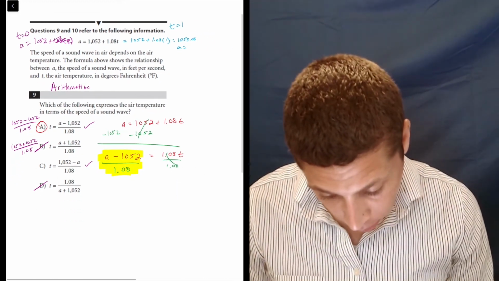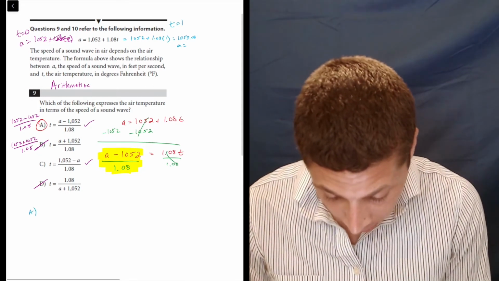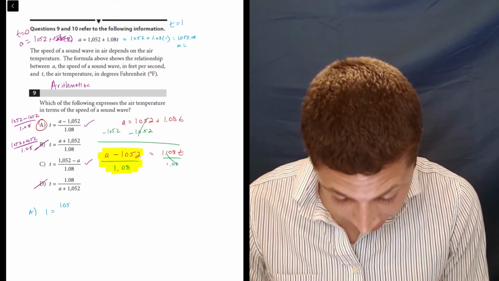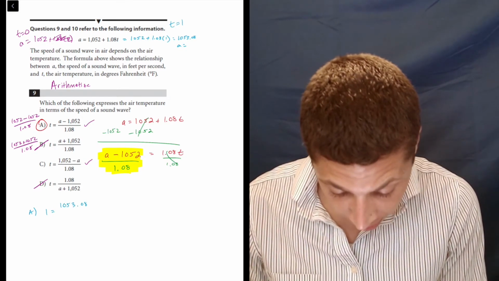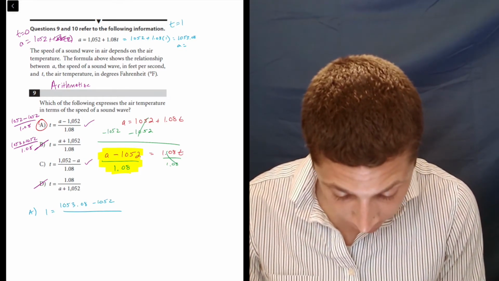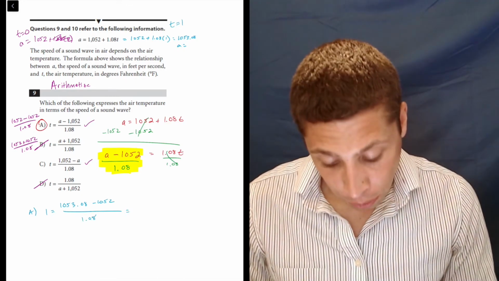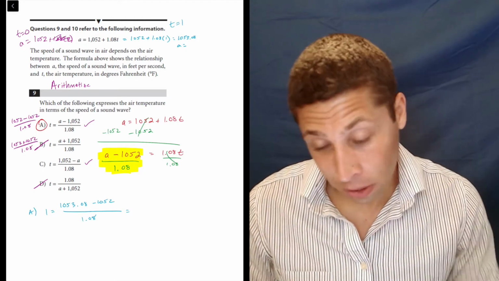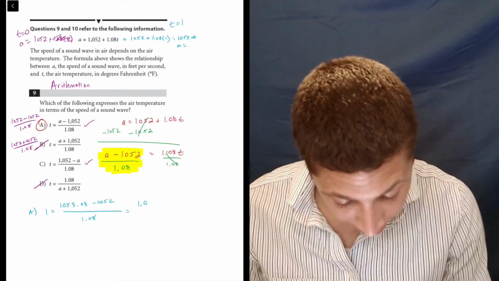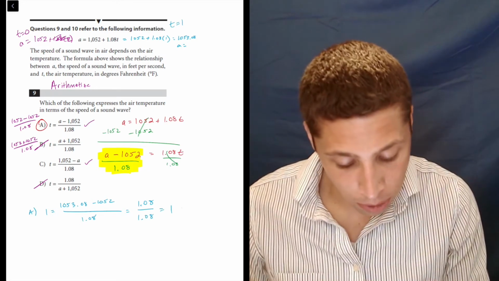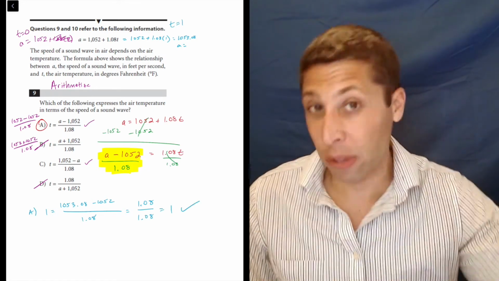So if I go to choice A again, I would have t is 1, A is 1053.08 minus 1052 over 1.08. 1053.08 minus 1052, put in my calculator, I already know the answer, is going to be 1.08. So 1.08 divided by 1.08 is 1, and so that gives me what I want.